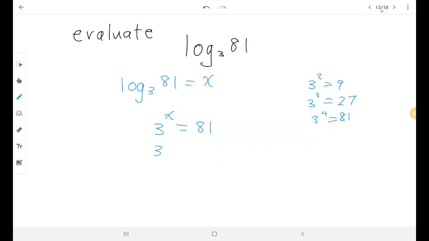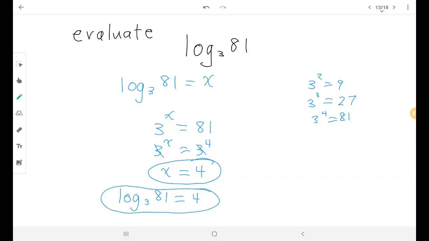So I can write this as 3 to the x equals 3 to the fourth, which means I can ignore the bases and set the exponents equal to each other, and I get that x equals 4. So that means that the log base 3 of 81 equals, remember we set it equal to x, so it equals 4. I'll let you look at that for a moment.